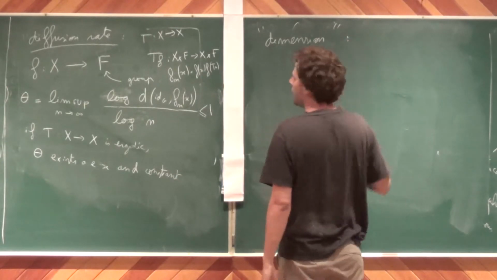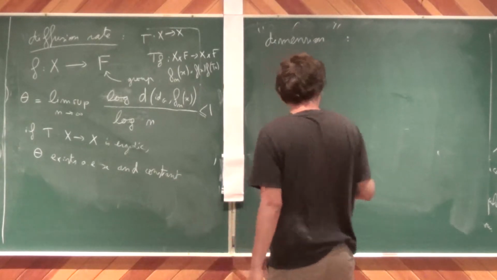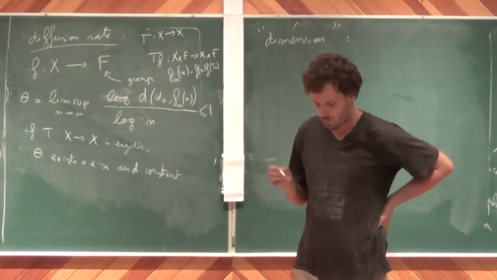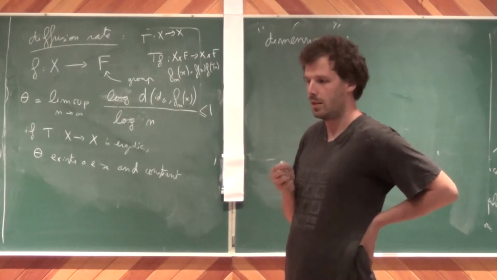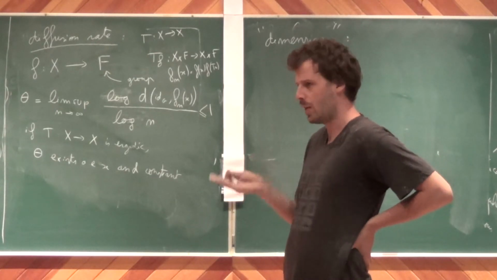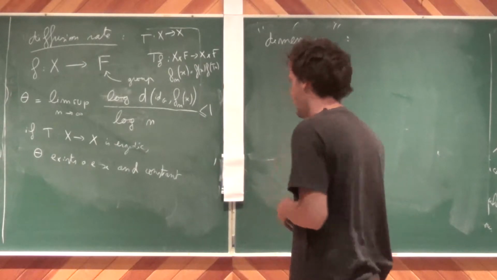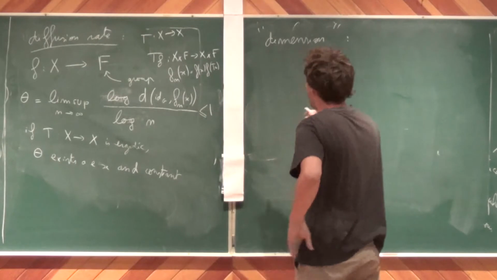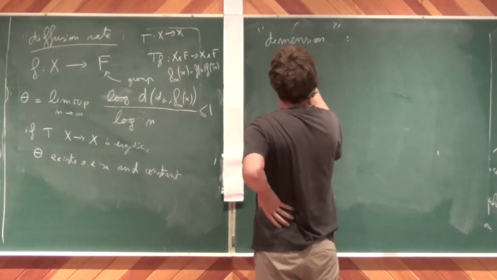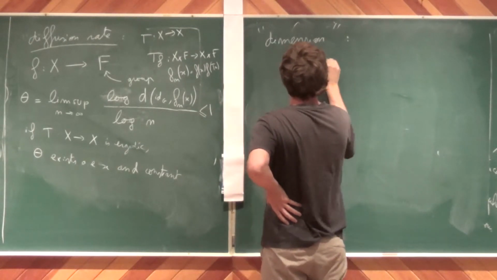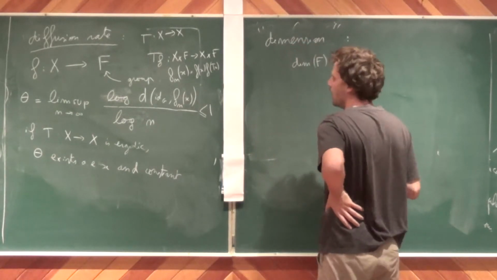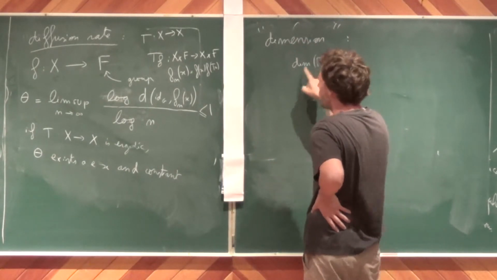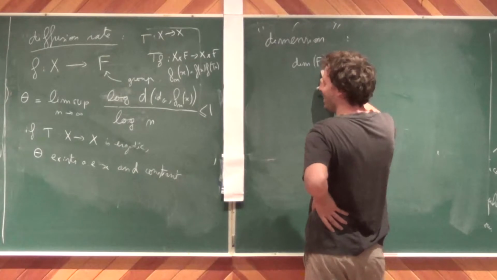At the very beginning I made a reminder about random walks, and there is something special which happens with respect to the dimension. Here as well, but you have to take care about the diffusion rate. I will call the dimension of F the logarithmic growth of balls in the Cayley graph of F. This is not a very good definition, I am sorry.